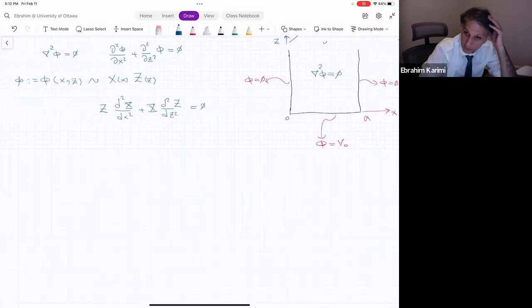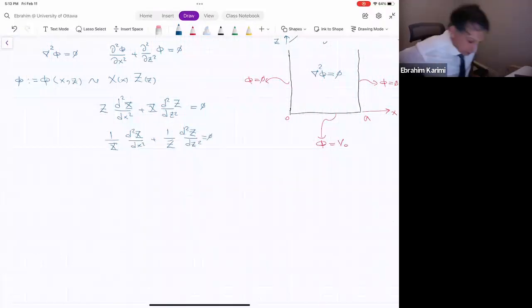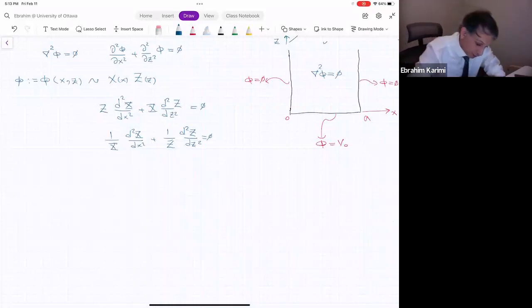Then you divide both sides by X and Z, and what you get is 1 divided by X times d2X/dx squared plus 1 divided by Z times d2Z/dz squared equal to 0. So this is a function of x.